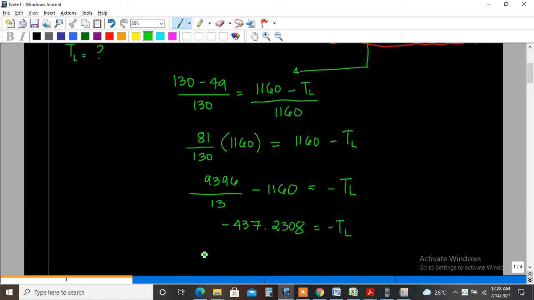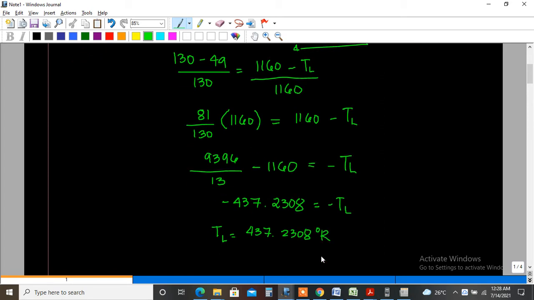So negative, negative, that will be positive. TL will be equal to 437.2308 degrees Rankine.